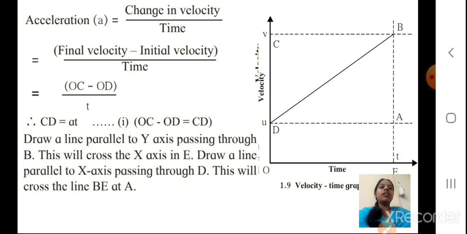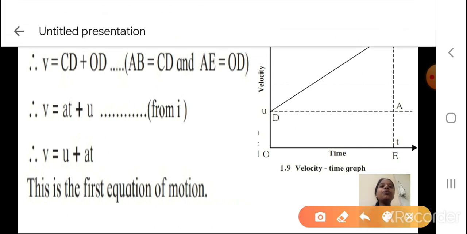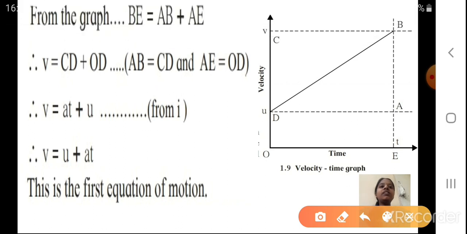Okay students, now see here. From the graph, what are we getting? You can see the same graph. BE is equal to, where is BE? This is our BE, the whole thing, is equal to AB, this part, plus AE, this part.